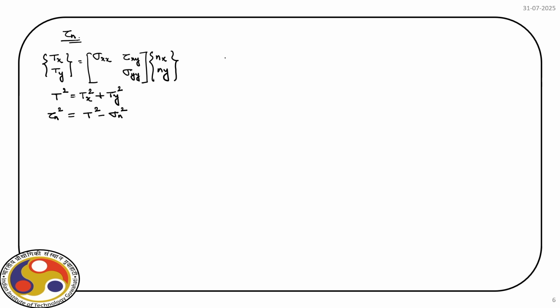The expression for sigma n we have already derived. Sigma n is equal to sigma xx nx square plus sigma yy ny square plus tau xy 2 times nx ny.